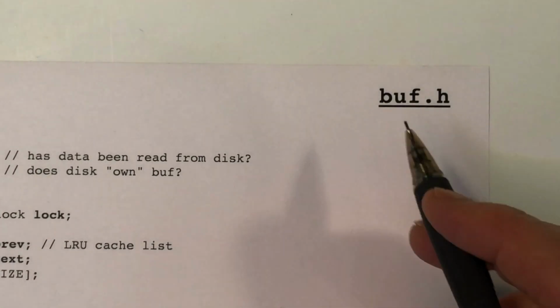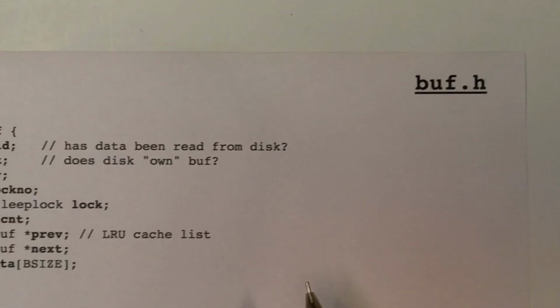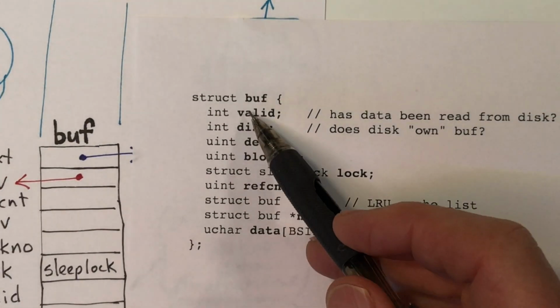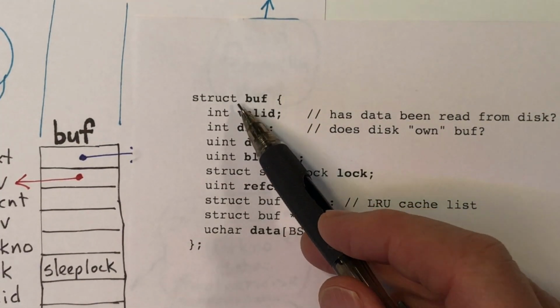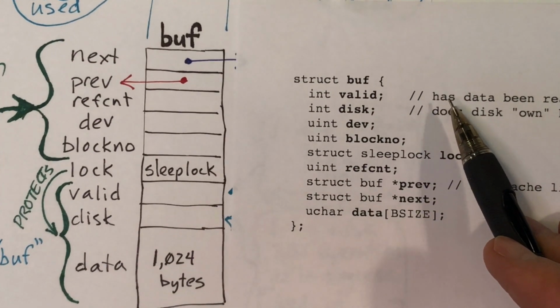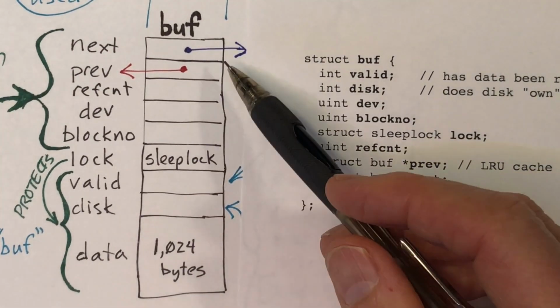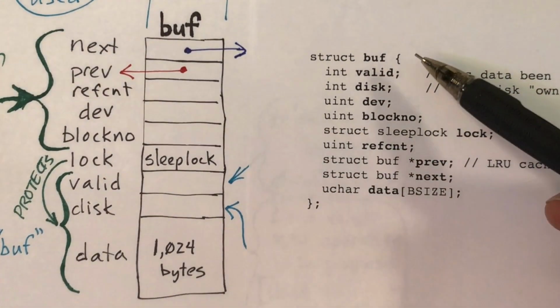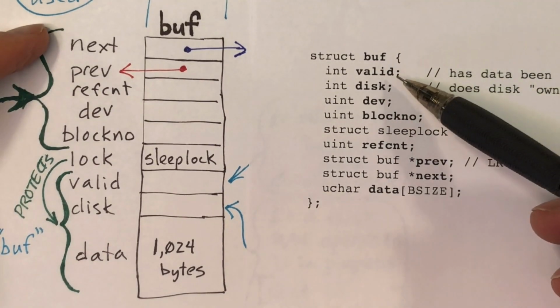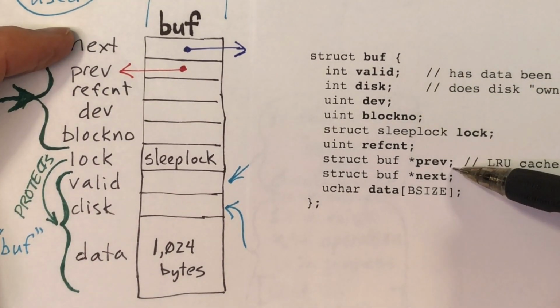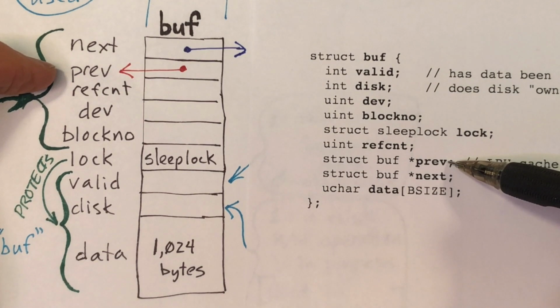So now let's take a look at the file buf.h, which contains nothing more than the definition of the buf structure. And I'll try to line these up here. I showed the fields in an order that makes sense to me, but you can see it's the same set of fields. So we see the next and the previous fields pointing to other buf structures.